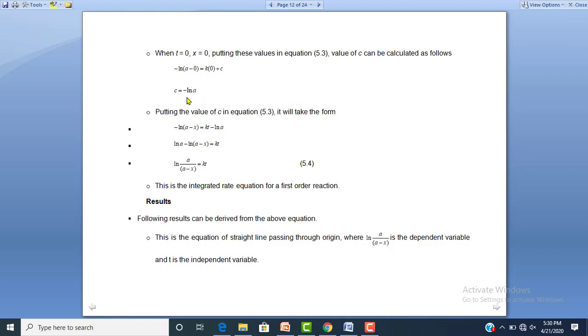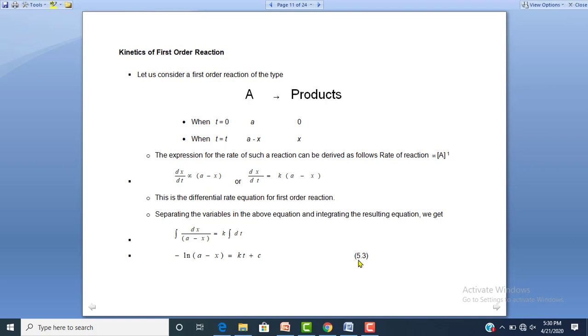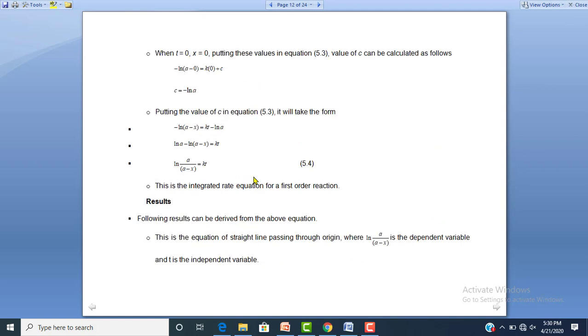After putting this value back into equation 5.3, we got the equation 5.4, according to which the product of rate constant k into time is equal to natural log a over a minus x. So this equation 5.4 is very important to find out the rate constant expression for a first order reaction.